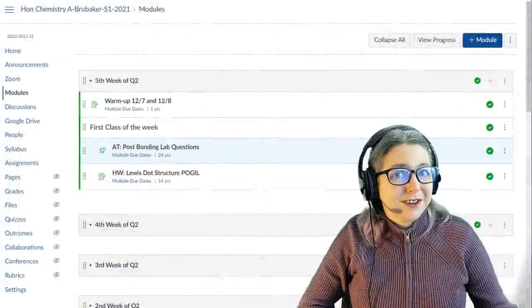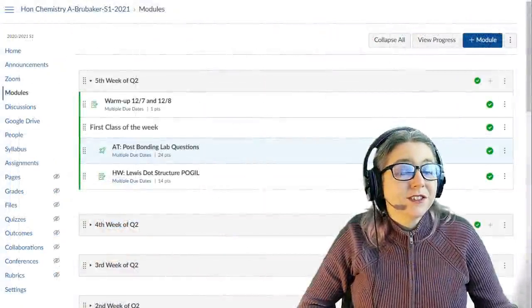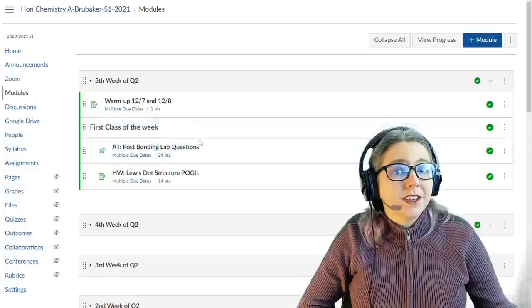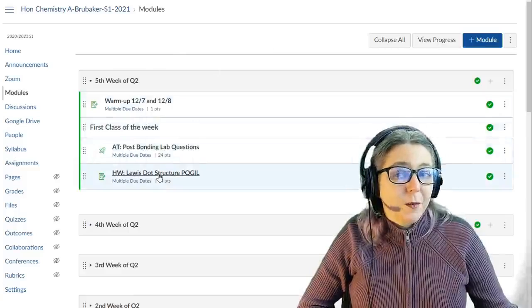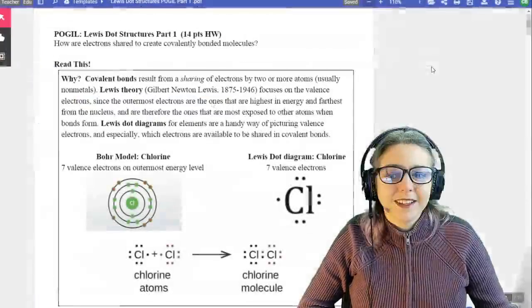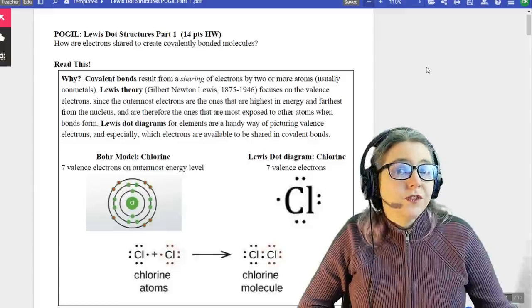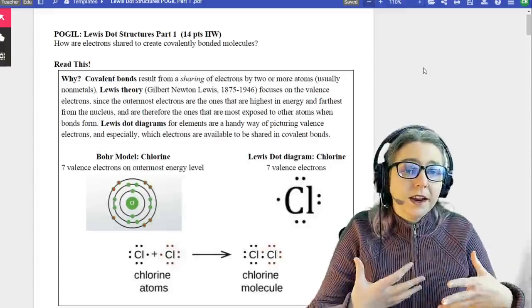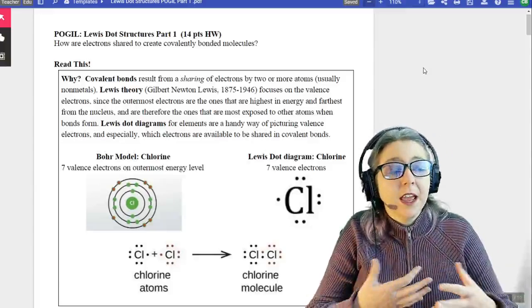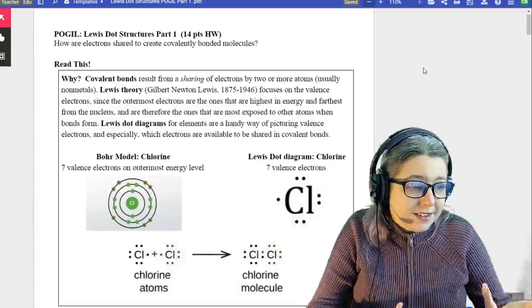So after you were done with the quiz, your instructions were to start on the Poggle. So here in our modules, Lewis structure Poggle, open up the PDF in the Cami, and you're only doing the first 4 pages. Now, most Poggles show you a pattern and it asks you what is the pattern. It asks you to explain why you think that pattern exists.